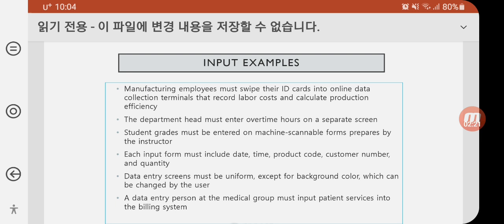Data entry screens must be uniform except for background color, which can be changed by the user. A data entry person at the medical group must input patient services into the billing system.